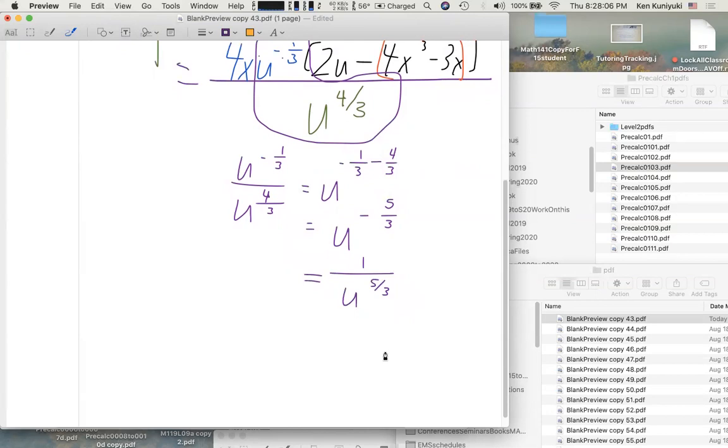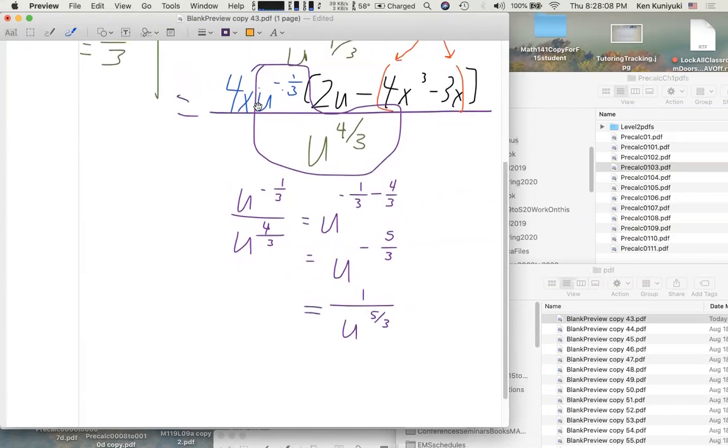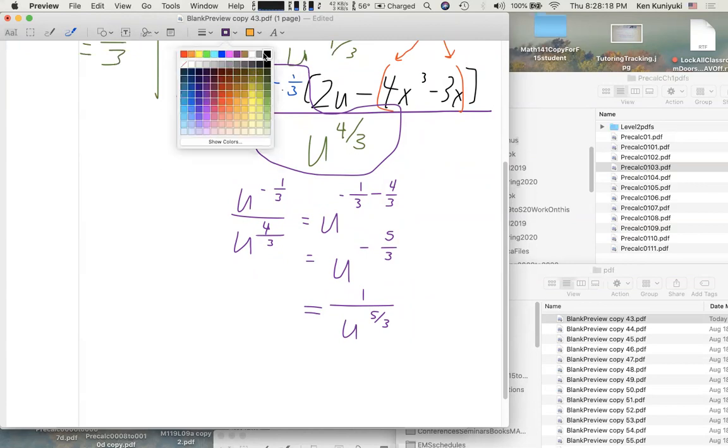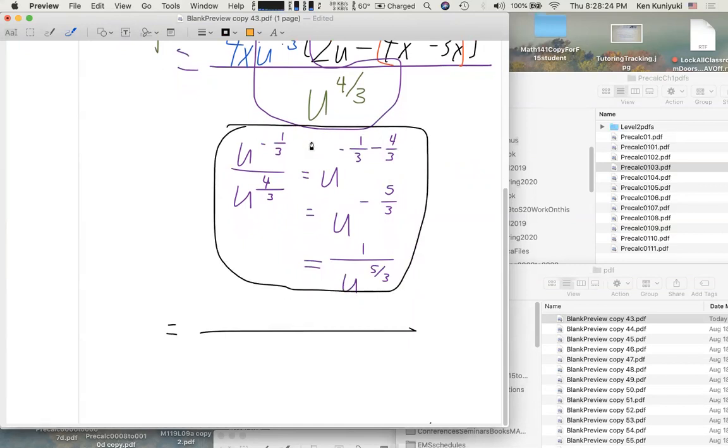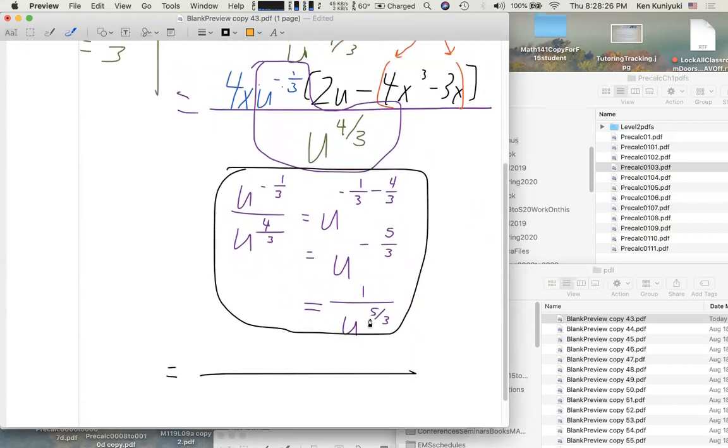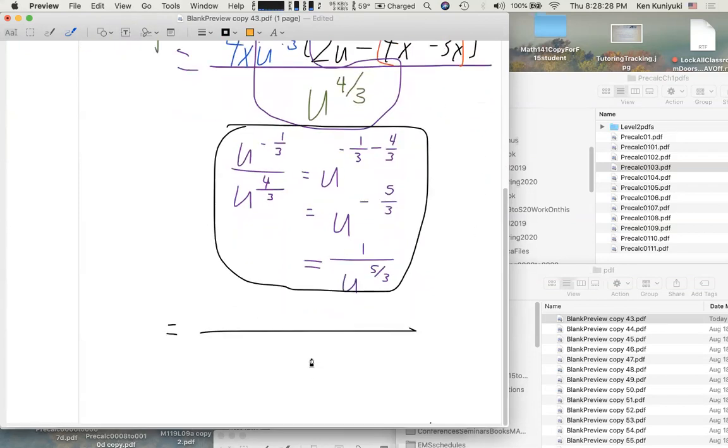All right. So bottom line, if I divide u to the -1/3 by u to the 4/3, what's left? What do I put and where? This is all side work. You end up with u to the 5/3 in the bottom.